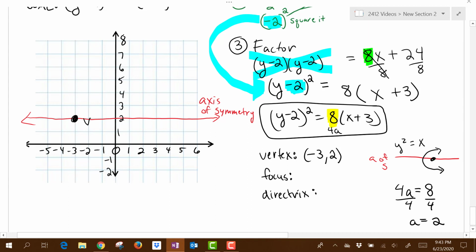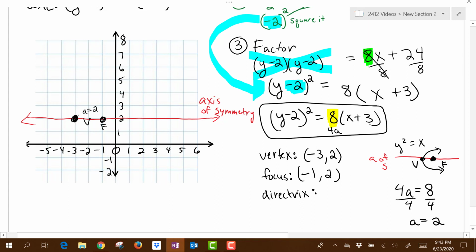So since the parabola, we said over here, opens to the right, then the focus has to be to the right of the vertex. How far to the right? Well, we said the a value is 2, so we'll go 2 units to the right. And there's our focus. The focus is going to be labeled -1, 2. So -1, comma 2.